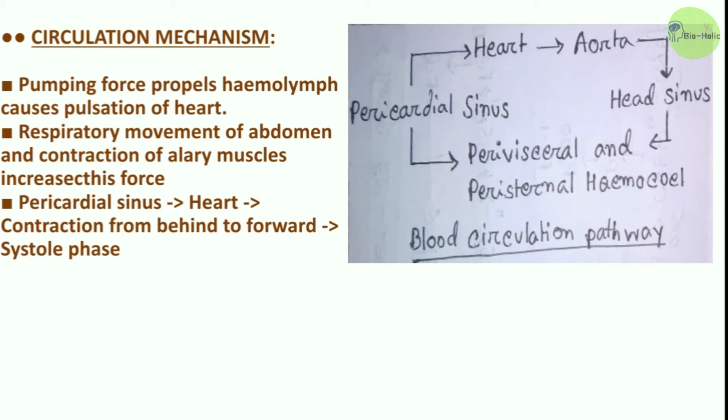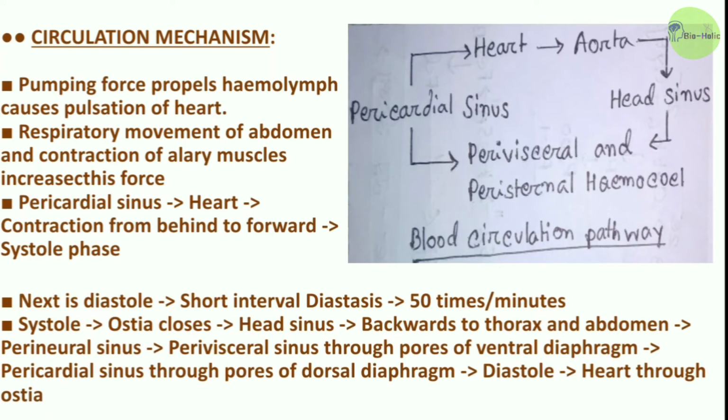The blood is pumped firstly through the pericardial sinus to the heart, and this contraction happens from behind to the forward, and this causes the systole phase. The next phase is the diastole. In between diastole there is a short interval which is called diastasis. The heart beats 50 times per minute.